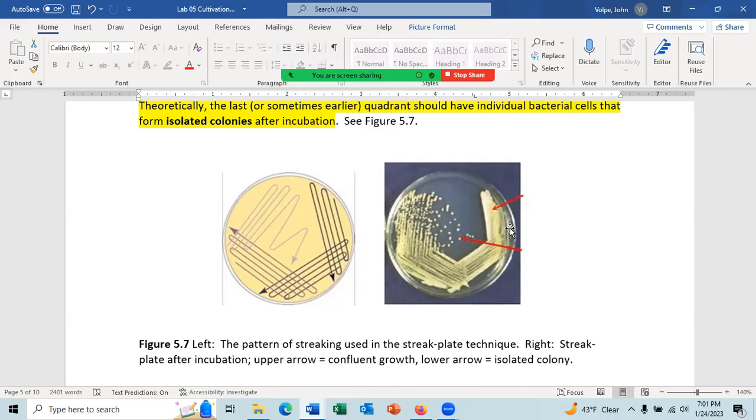And then you come over to sector 2 and you initially start someplace outside where the bacteria are. Then you go into sector 1 3 times. So if sector 1 is over here, you go in 3 times to pick up cells from sector 1, and then you streak it out in sector 2.